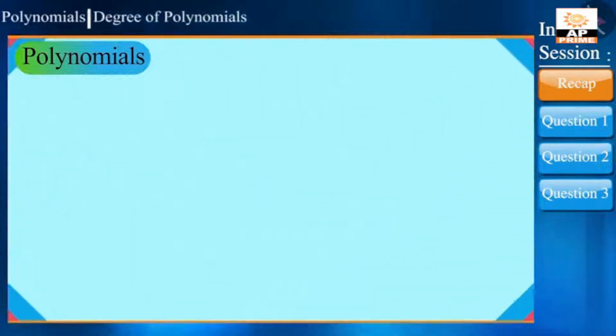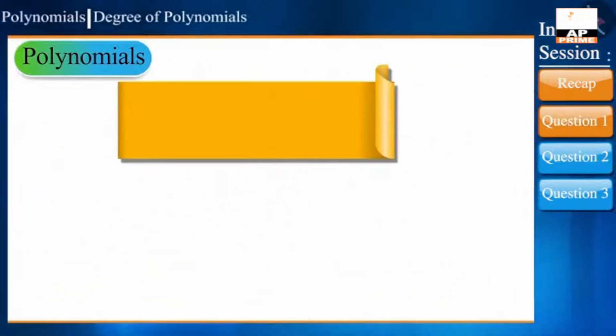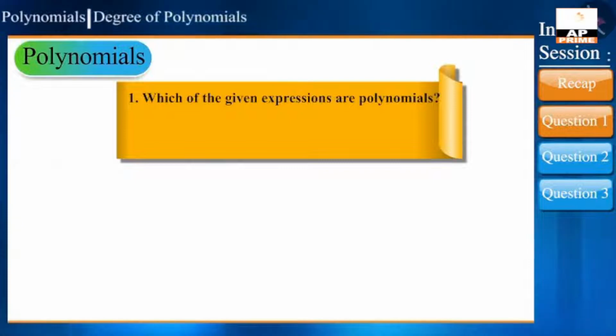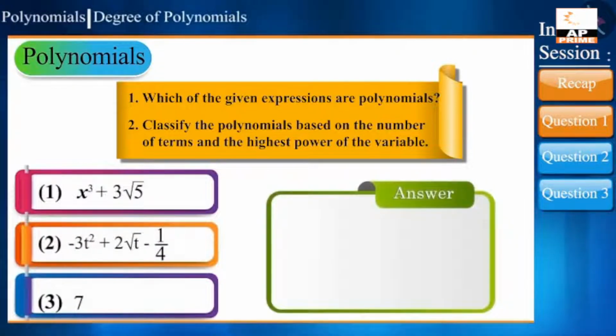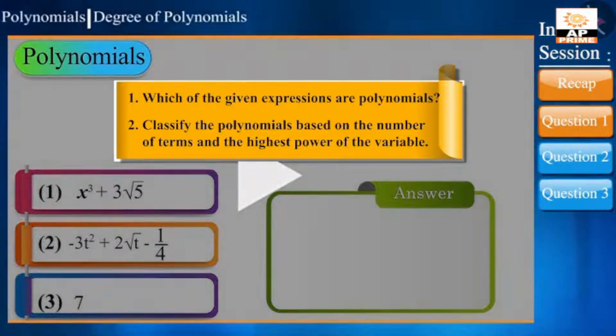So, let us start. The first question: which of these expressions are polynomials? And classify them based on the number of terms and the highest power of the variable. To answer the question, you can pause the video.